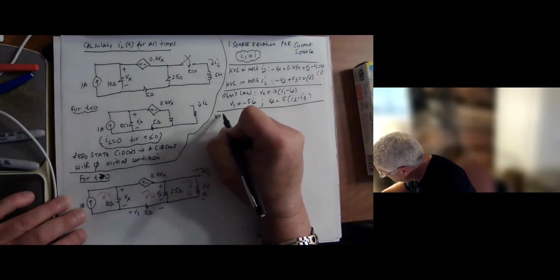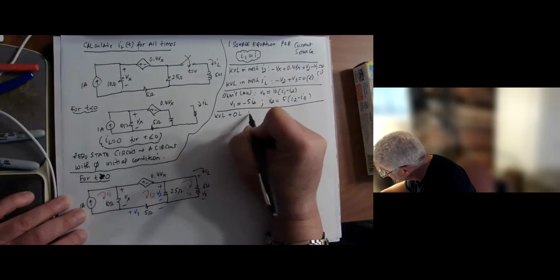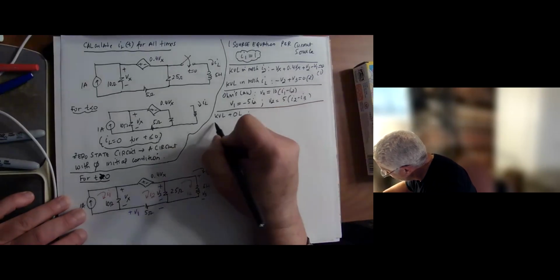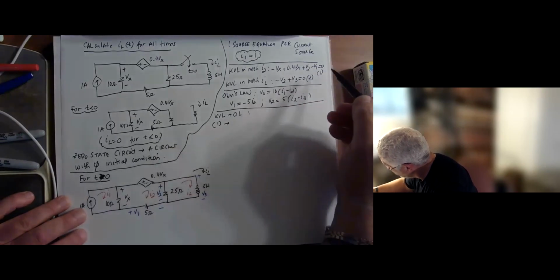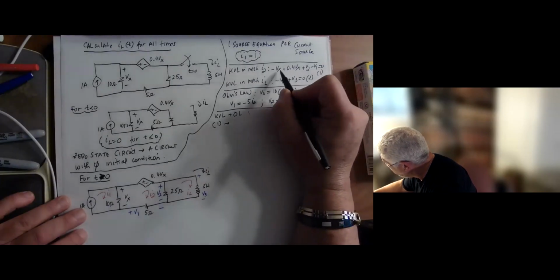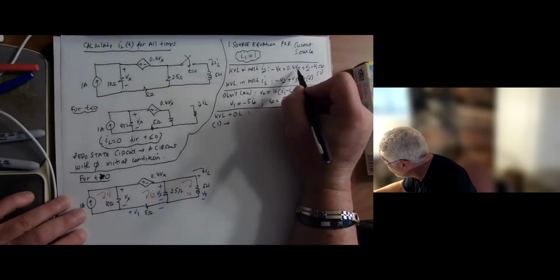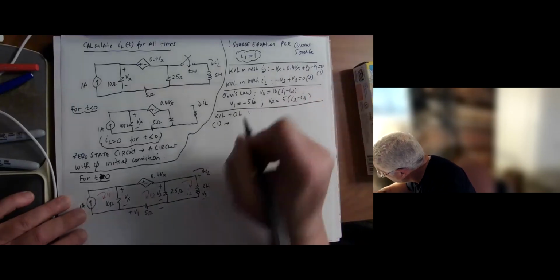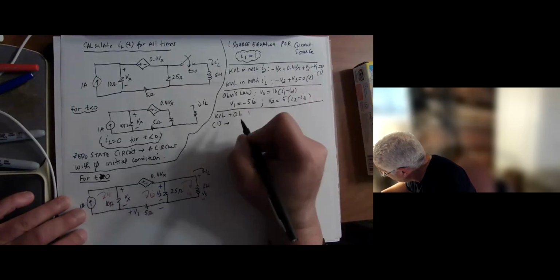Then I'm going to combine KVL plus Ohm's law. Equation one becomes minus Vx plus 4Vx, so that gives us plus 0.6 Vx, obviously. So what do we have here?